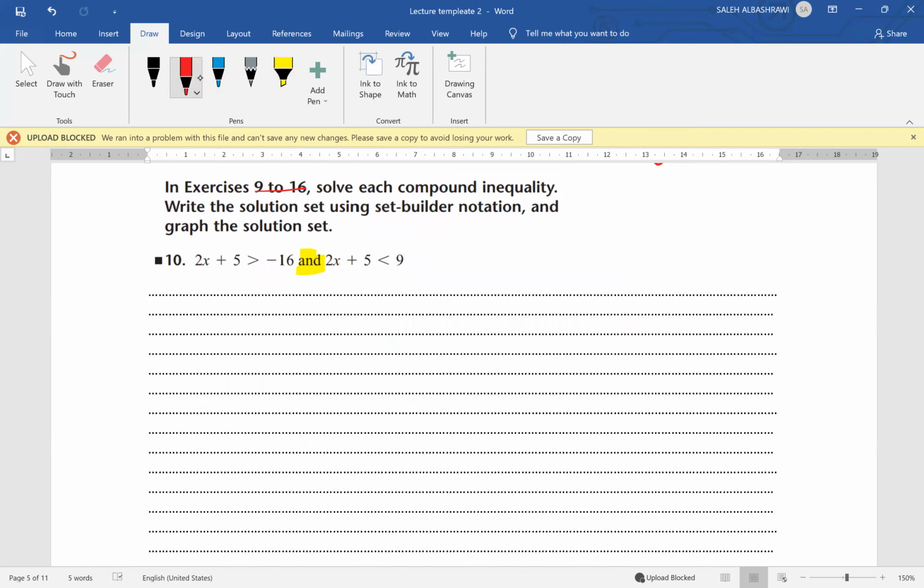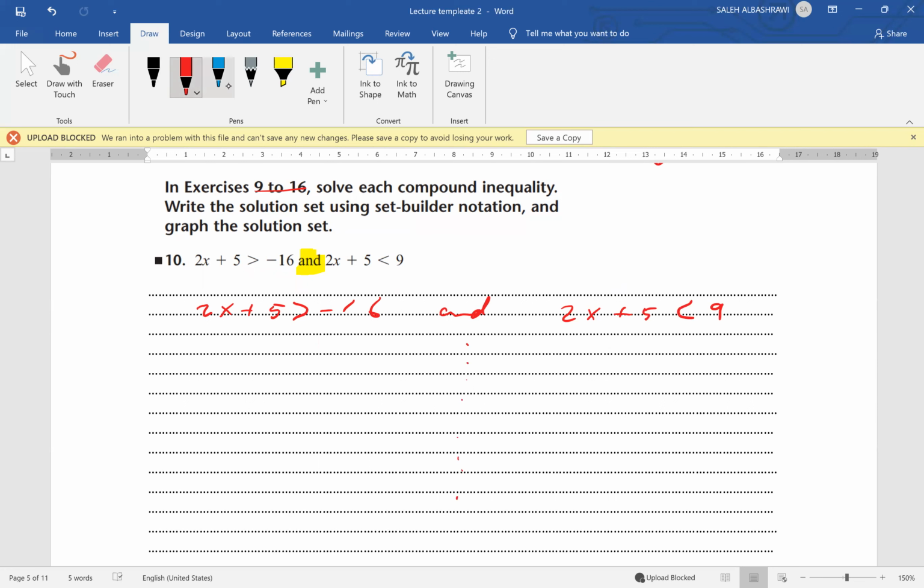So the first one is 2x plus 5 greater than minus 16, and the second inequality is 2x plus 5 less than 9. So I'm going to solve each one separately.